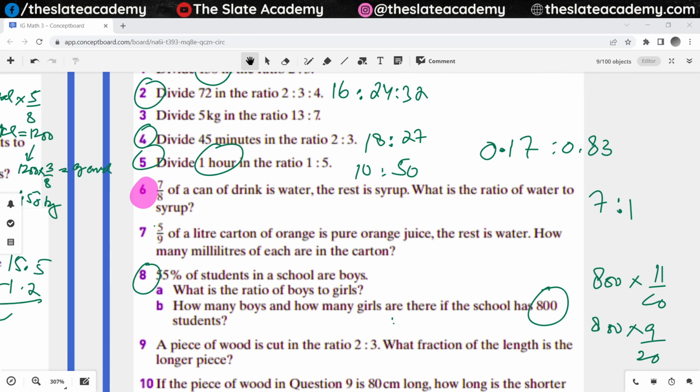And even if you ignore this ratio, initially it says 55% are boys. So 800 into 55% is what? That would be 440. The remaining is 45%. And 800 into 45%, that would be 360. So 440 boys and 360 girls.